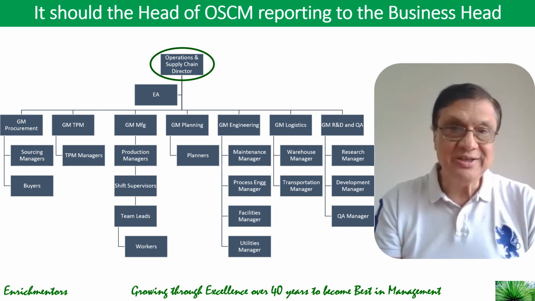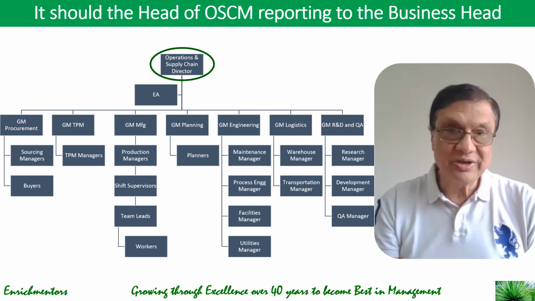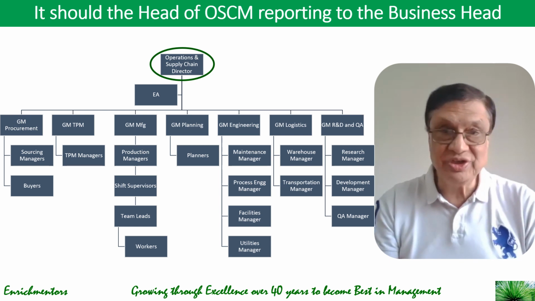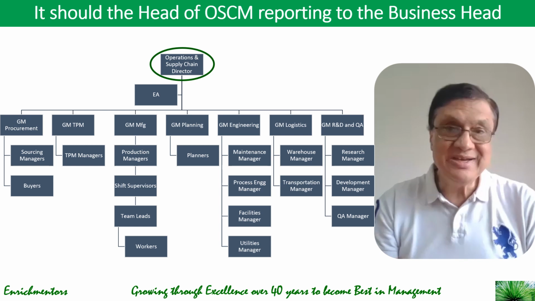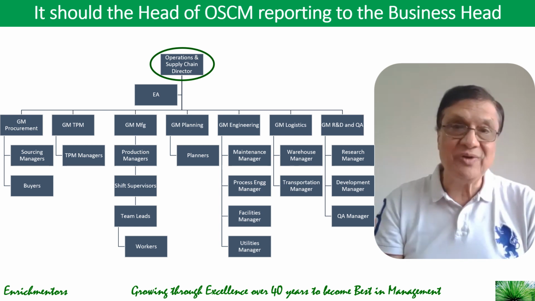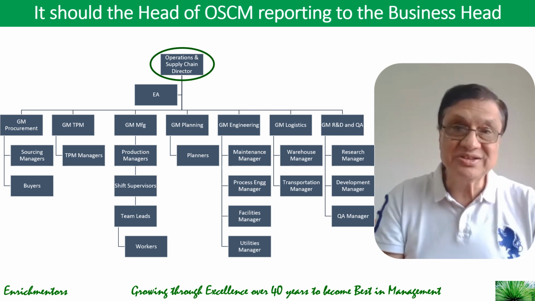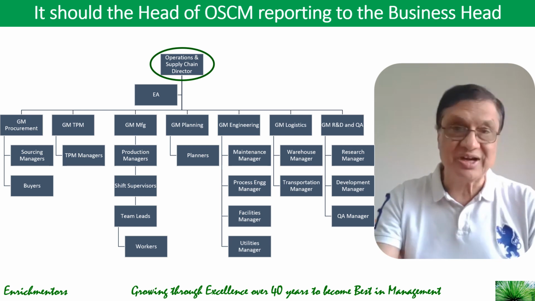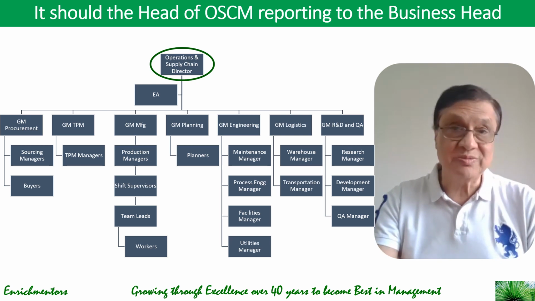So typically, the director takes the lead and forms a team consisting of first level reportees like GM procurement, GM manufacturing, GM planning, GM engineering, etc. And he or she then leads the formulation of a business-driven operations and supply chain strategy. So it is the responsibility of the head of OSCM.